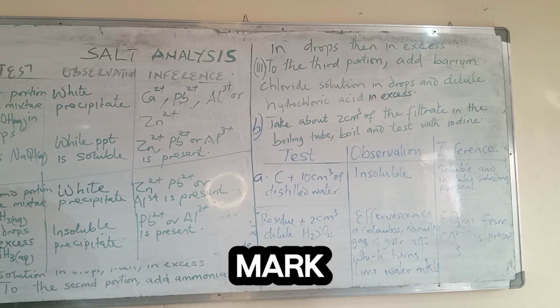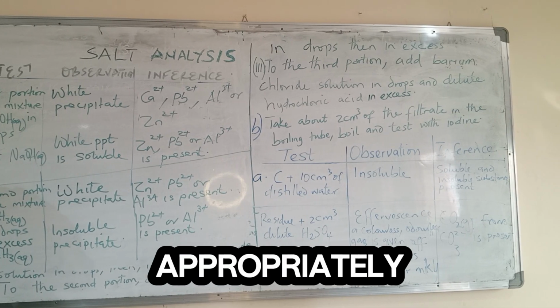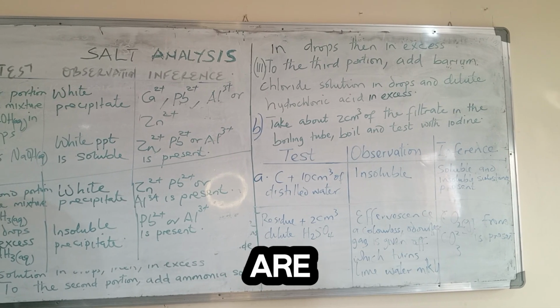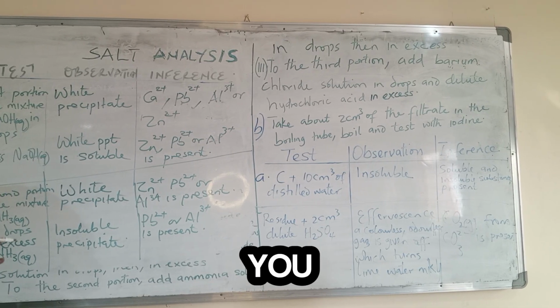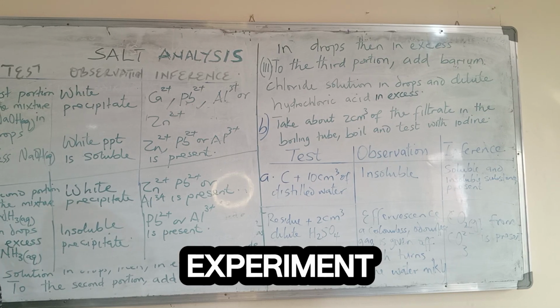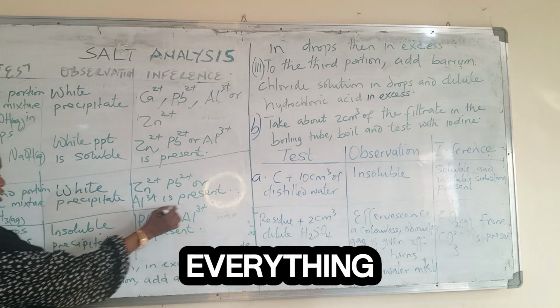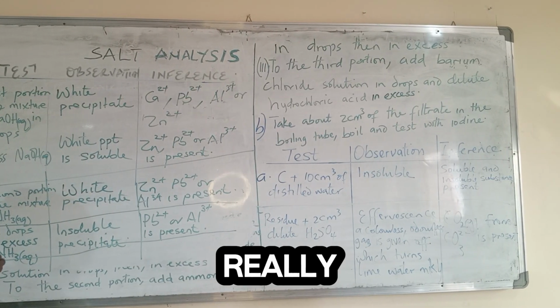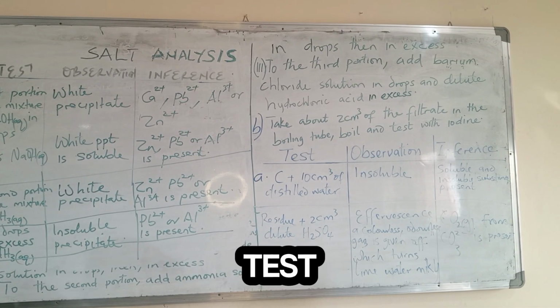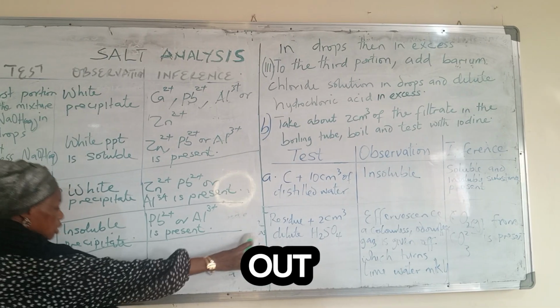For you to earn marks, everything must be recorded appropriately. As you are doing the test, you are writing your observation and your inference. Make sure everything is proportional and attends to the test you have carried out.